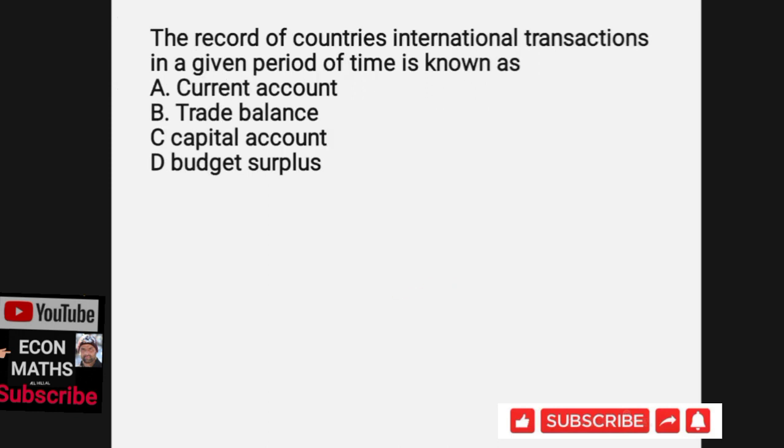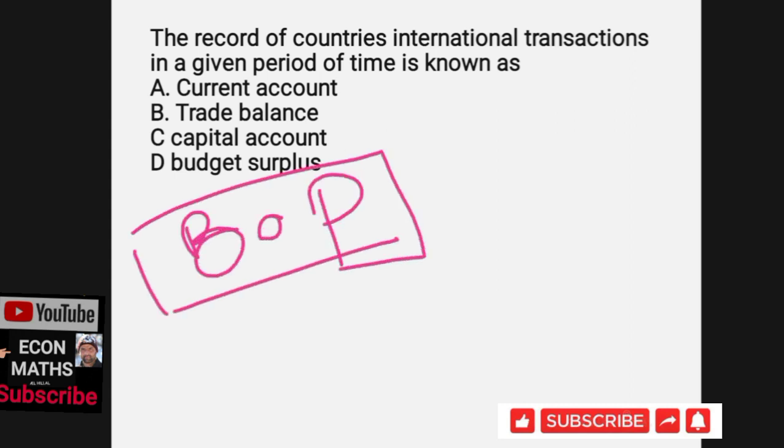Next question is, the record of countries' international transactions in a given period of time is known as: current account, trade account, capital account, budget surplus. Actually, I'm not getting the question. The record of countries' international transactions in a given period of time, as I have read, is called the balance of payment.